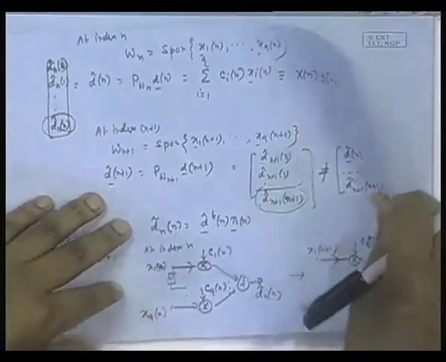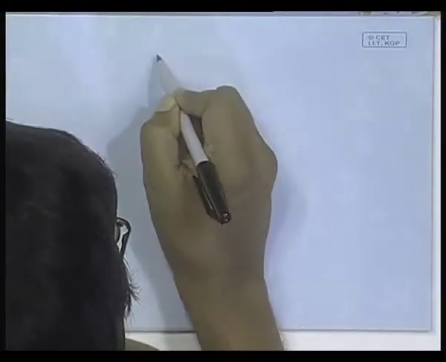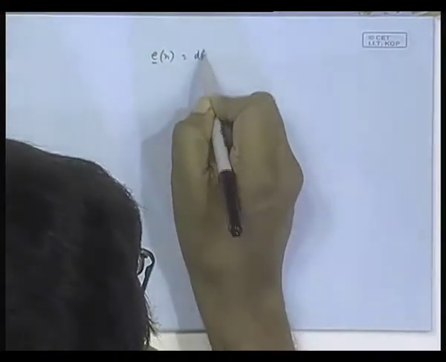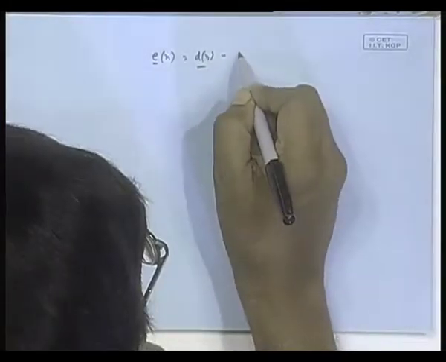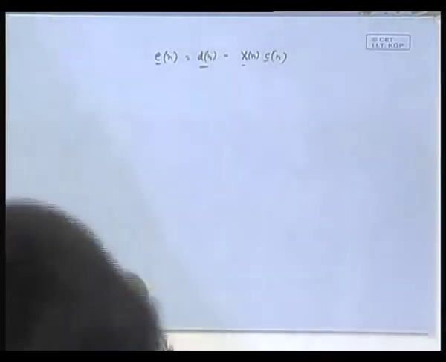Okay. So, that was this: if I have the error vector En, that was the original Dn vector minus Xn matrix times Cn vector.